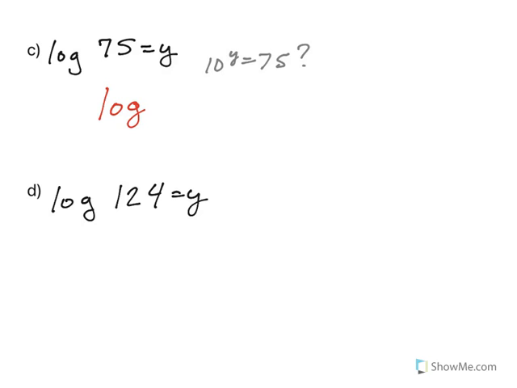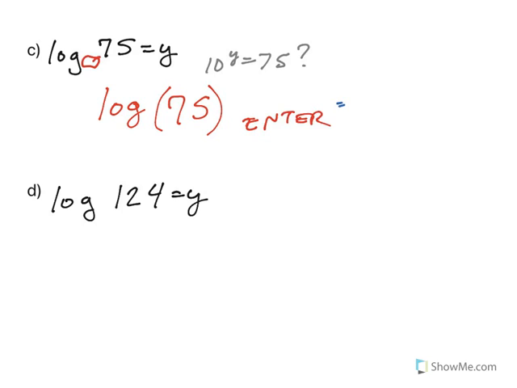Because of base 10, your calculator is in base 10 automatically. That's how they are coded. So if you have a common log base 10, you can simply hit log. Mine shows up with a parenthesis. I type in 75, end the parenthesis, and then hit enter or equals, depending on your calculator.